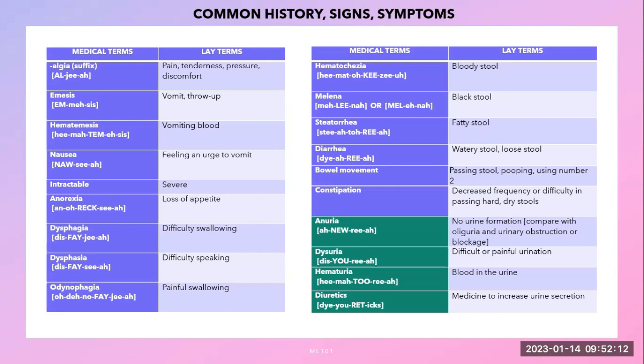But here it's just common, so you just ask, do you have constipation? Usually what that means is, do you have frequent bowel movements, like daily? We just want to know if they have a bowel movement every day, if every day they have to go to the restroom to pass stool.